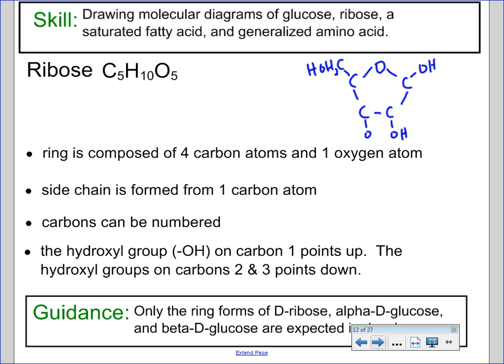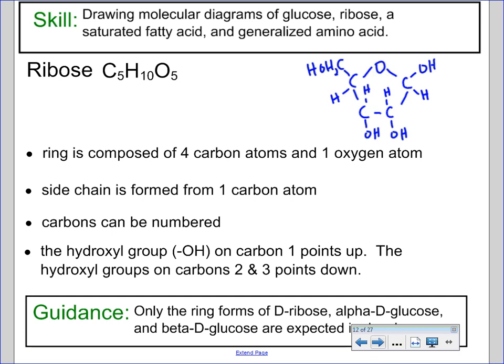And then the direction of the hydroxyl group is important. So in this case, on carbons 2 and 3, the hydroxyl groups will point down. And then we'll have hydrogens that fill in the rest of those covalent bonds.